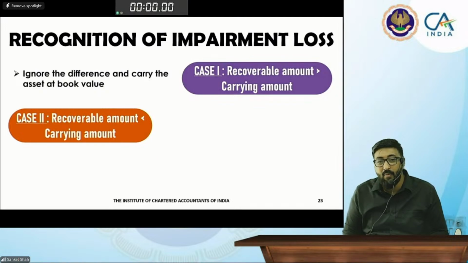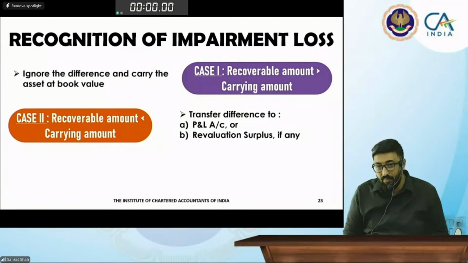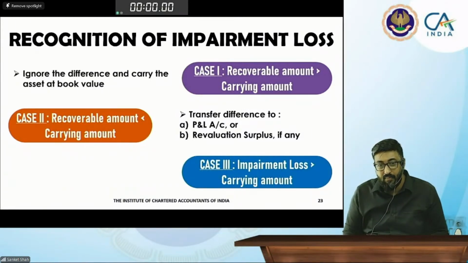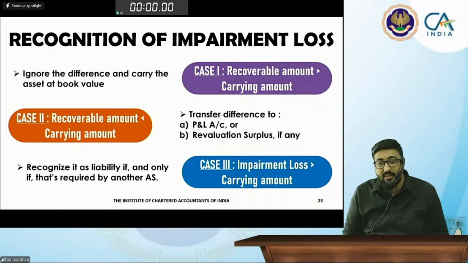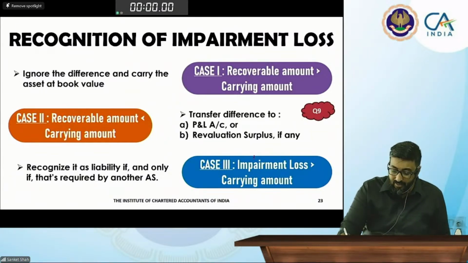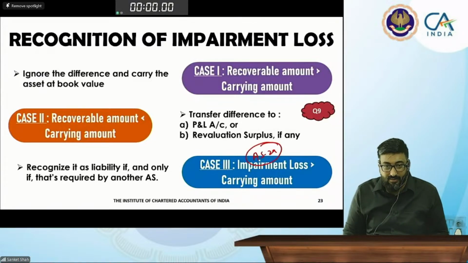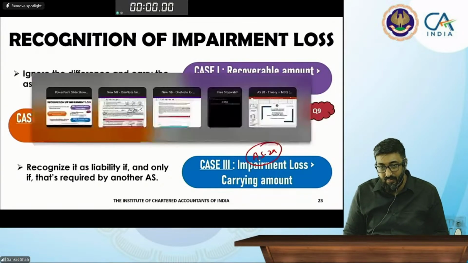If recoverable amount is less than, transfer difference to P&L or revaluation surplus. And if impairment loss is greater than carrying amount, so now ये मैं क्वेश्चन बताता हूं. Now the last is S29 का रेफरेंस लगेगा. S29 reference for last case.